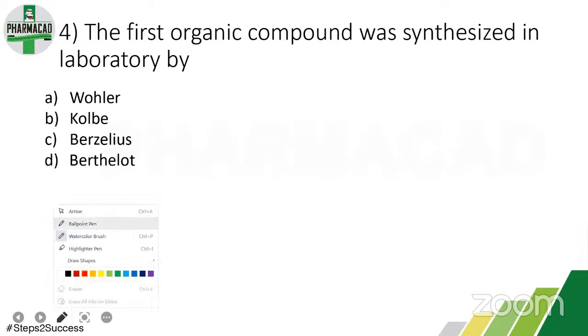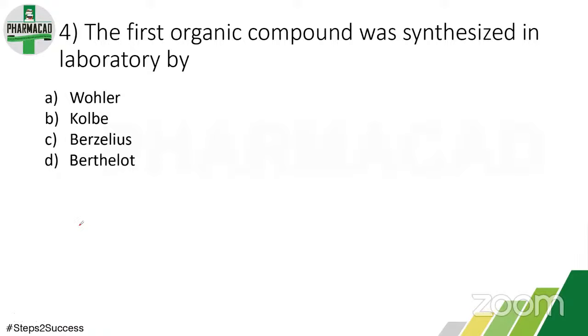Okay. Next question. The first organic compound was synthesized in laboratory by whom? Now you have to remember that the first organic compound which was synthesized is urea.